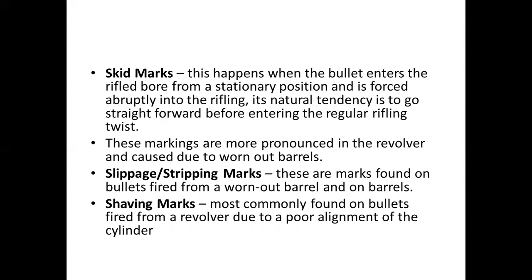These markings are more pronounced in the revolver in force due to worn-out barrels. Slippage stripping marks, these are marks found on bullets fired from a worn-out barrel. Shaving marks, most commonly found on bullets fired from a revolver due to a poor alignment of the cylinder.